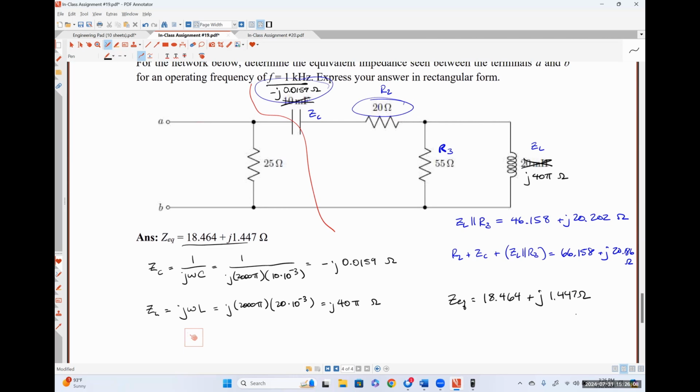We went through that rather quickly, but I'm more than happy to answer any questions you might have about how I did any of those steps. But the key here is that once we convert everything to an impedance, this is just resistor combination using complex numbers.